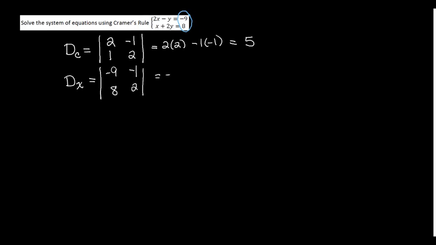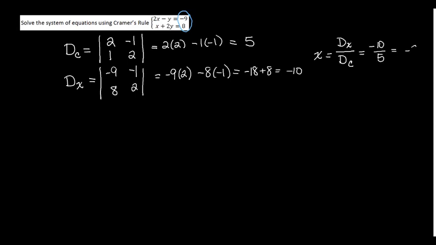And this gives me -9 times 2 minus 8 times -1. That gives me -18 plus 8, which is -10. x then is equal to the determinant with the x divided by the determinant of the constants. So -10 divided by 5 gives me -2.